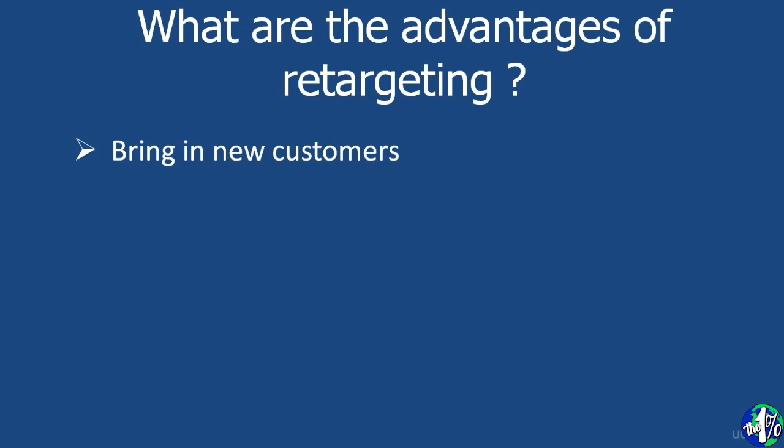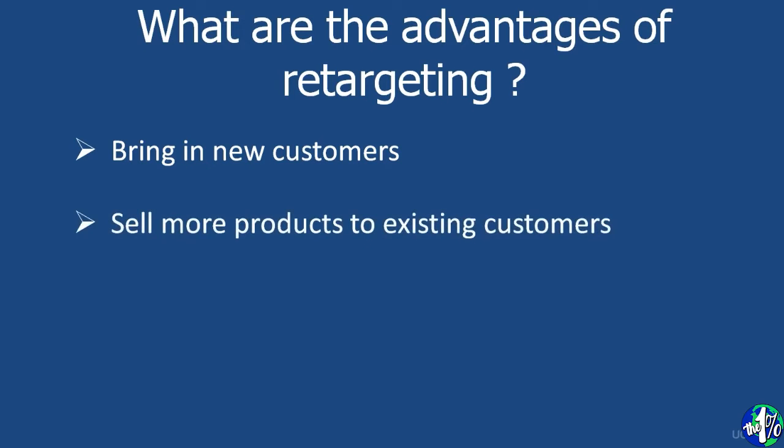So when they come back, either through retargeting or maybe an ad that you put on there later, now they're no longer a cold customer. We've warmed them up, as marketers say. Yeah, we're warming them up to the point where they're hot, where they're actually going to buy, but they're no longer stone cold. So that process of retargeting will bring in new customers as part of the process.